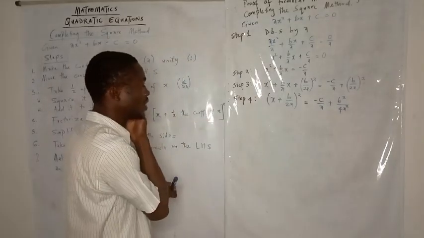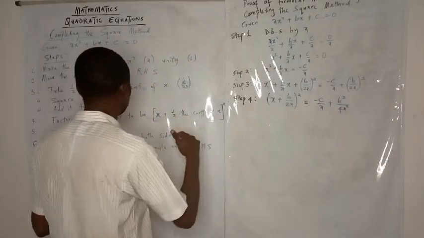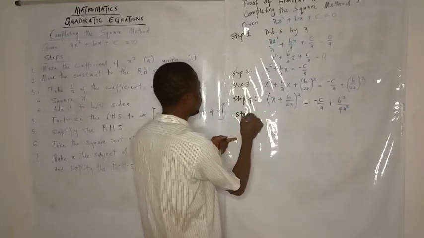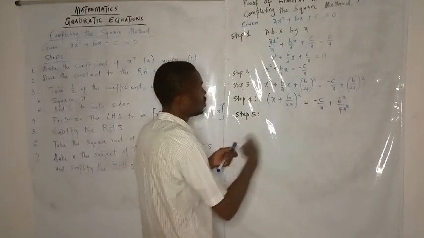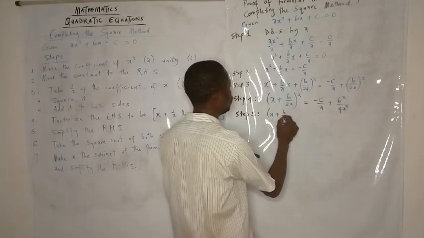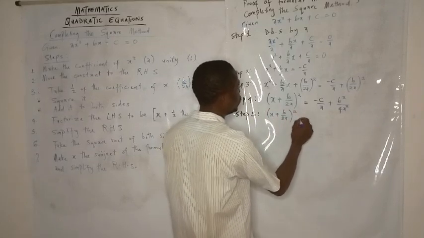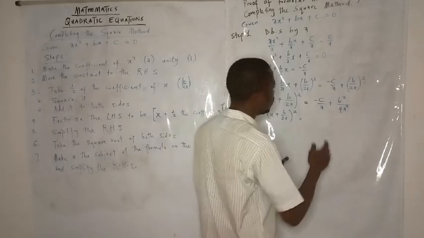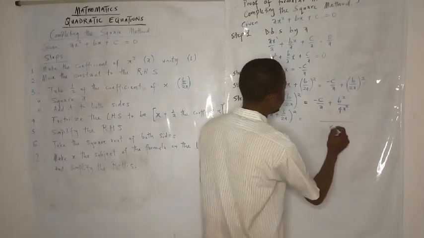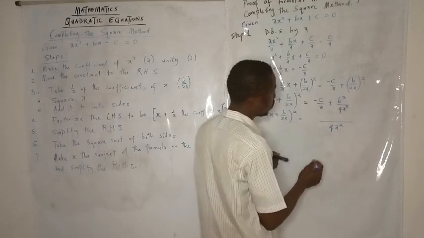Now step 5 says we should simplify the right hand side. So step 5, simplify the right hand side. So we have x plus b over 2a all squared is equal to, if we take the LCM of a and 4a squared, the LCM will be 4a squared.